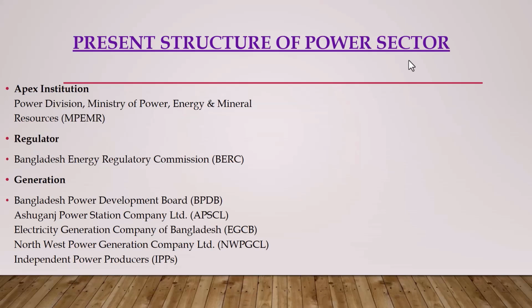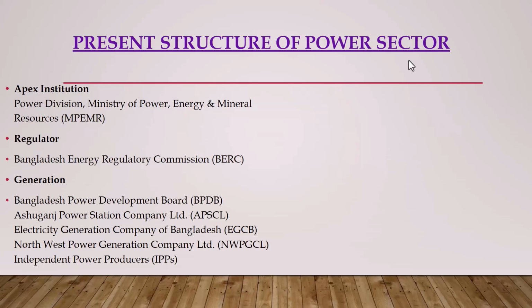In addition to this, the sector also includes independent power producers. These are private companies that generate electricity and sell it to the national grid. And here's an important point I want to emphasize. Electricity generation in Bangladesh is no longer the responsibility of a single organization.